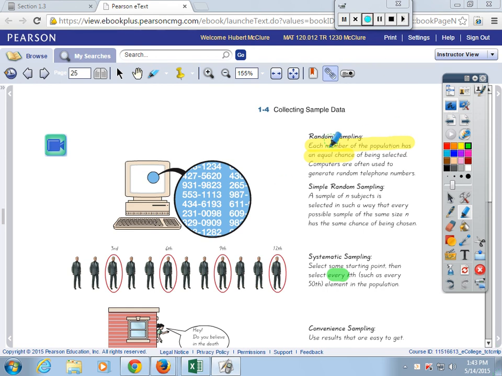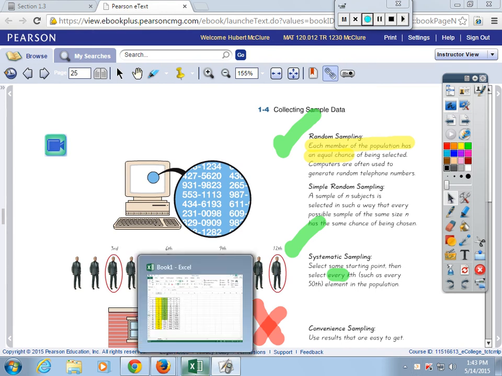These are good. This ain't good. Why is convenient sample not good? It's easy. Exactly. It'd be like me asking the people, let's say that I worked at a rock radio station and I wanted to find out how many of the listeners like rock music.